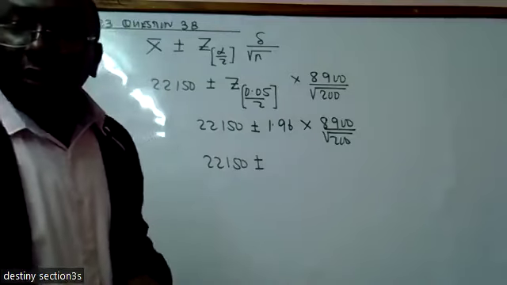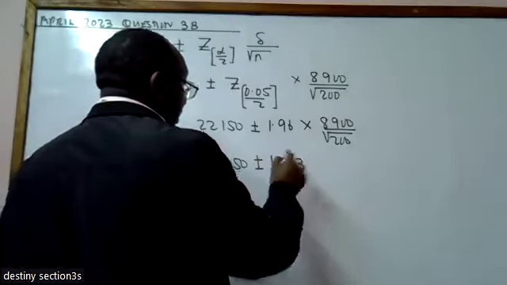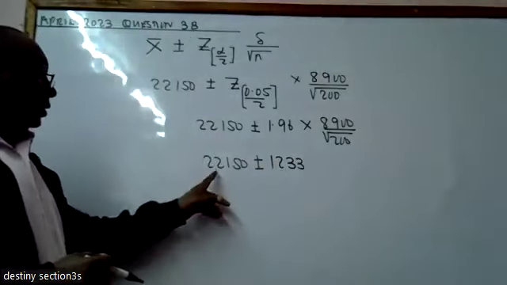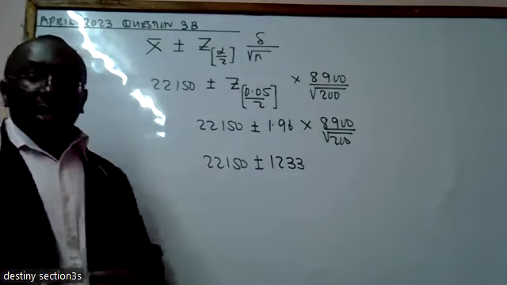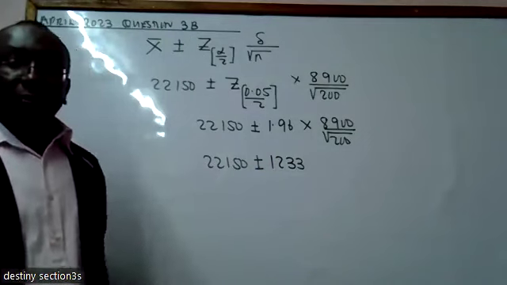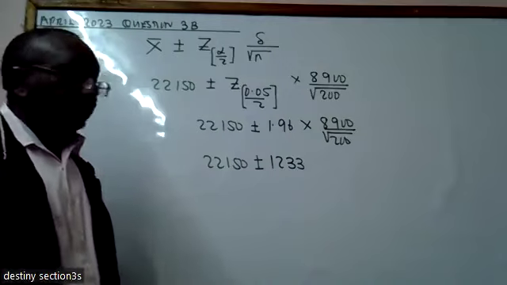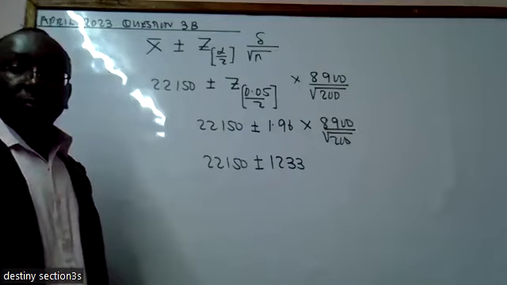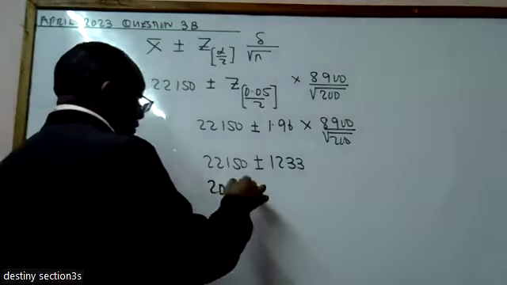Yeah, I can say 1,233. Good. So if it is 1,233, now subtract 1,233 from 22,150. When you subtract, what do you get? 20,917.